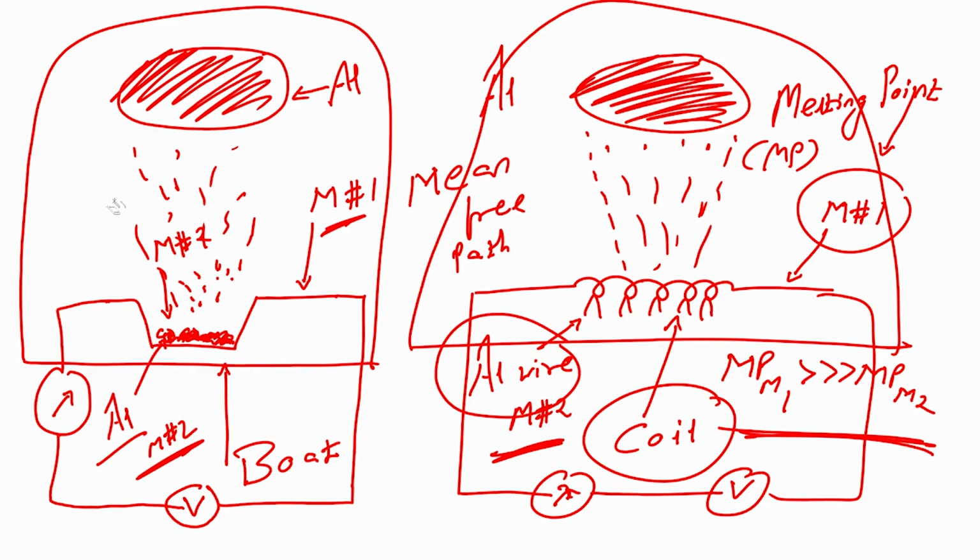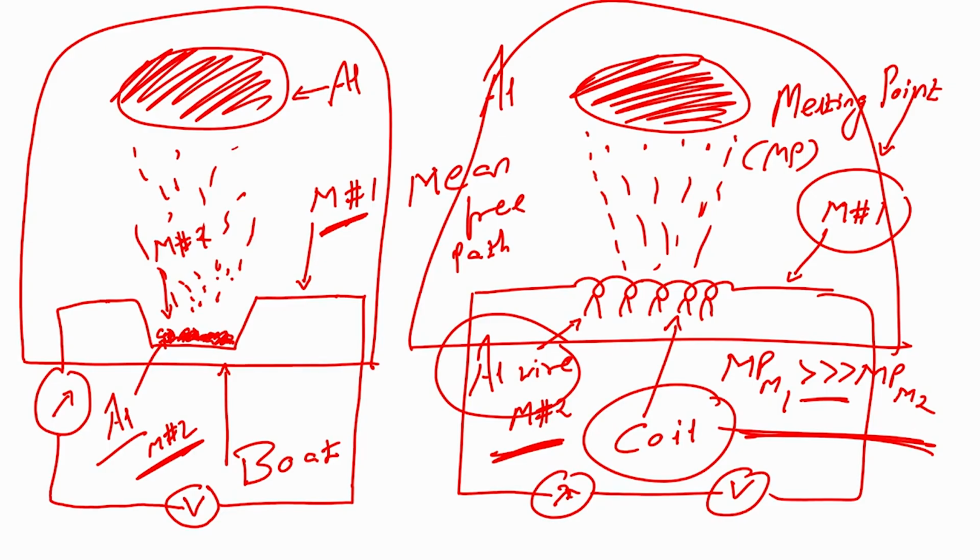Also, for some metals we cannot use thermal evaporation, because the melting point is high and we do not have a source which has a similar melting point to the material that we want to deposit. That is, we do not have anything which is MP of M1 greater than MP of M2.